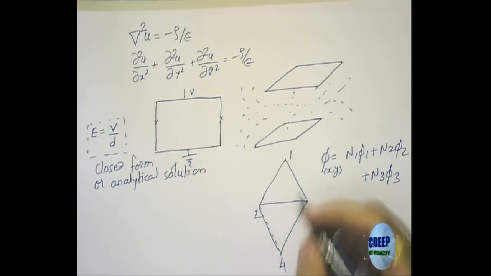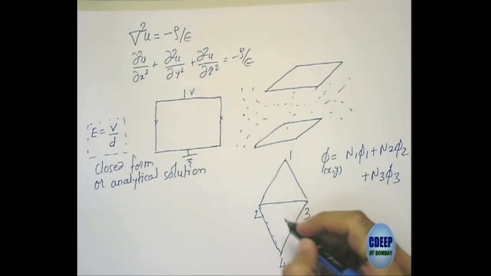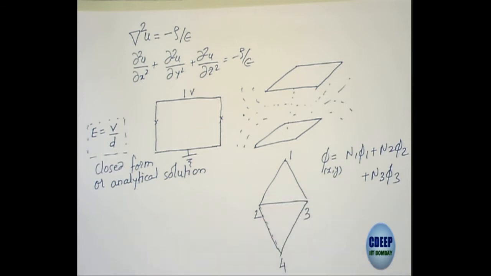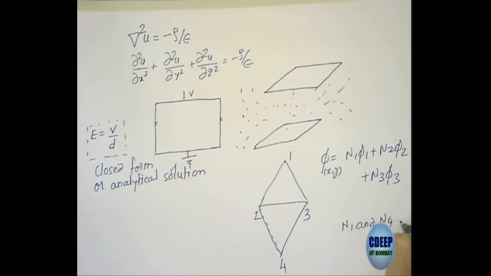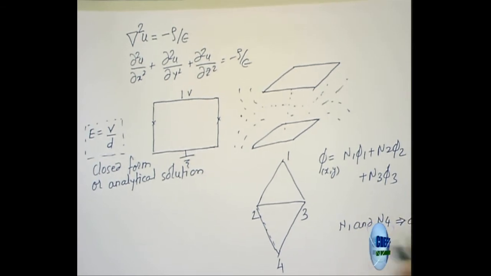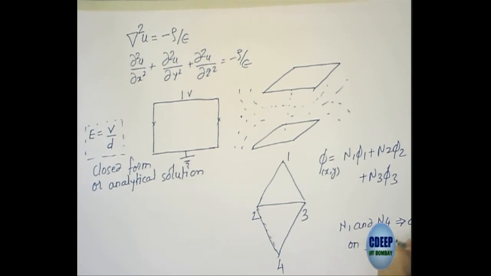Now what it says is that these properties of the shape functions, n1 and n4, are 0 on segment 2, 3. The values of n1 and n4 would be 0 on segment 2, 3.